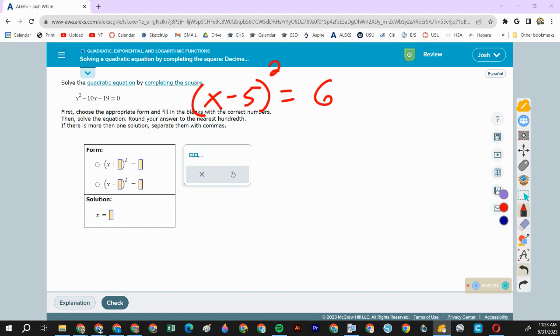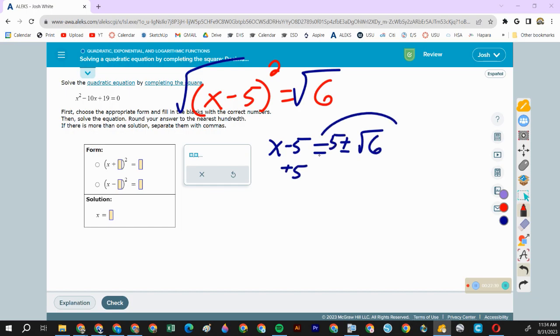And now I can square root both sides. X minus 5 equals plus or minus root 6. And add 5. And there we go. Solving using completing the square will always work. Every single time. Factoring only works if the answers are fractions.